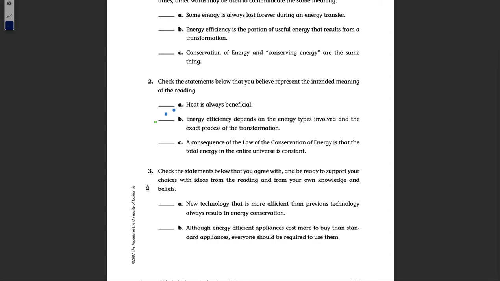Now, Section 3, that is kind of your choice. You would check off on either A or B. Statement A, new technology that is more efficient than previous technology always results in energy conservation. Or B, although energy efficient appliances cost more to buy than standard appliances, everyone should be required to use them.